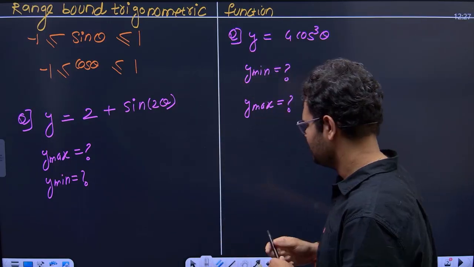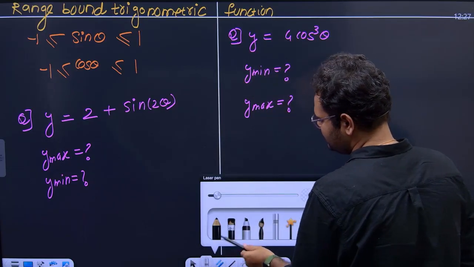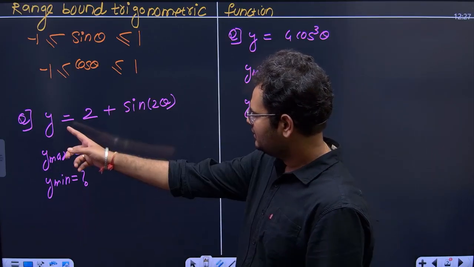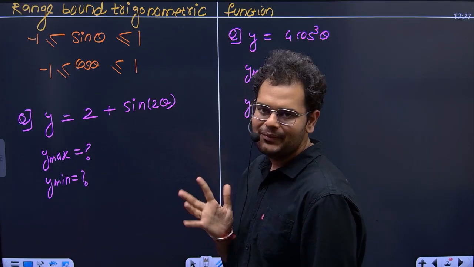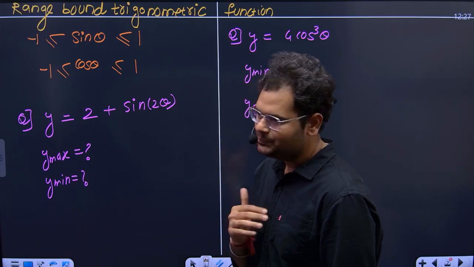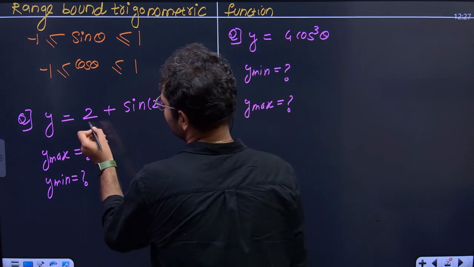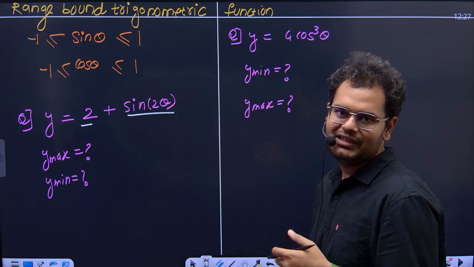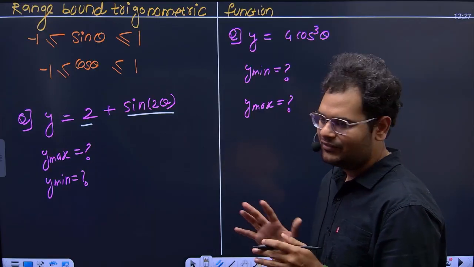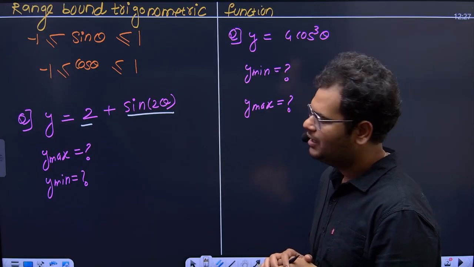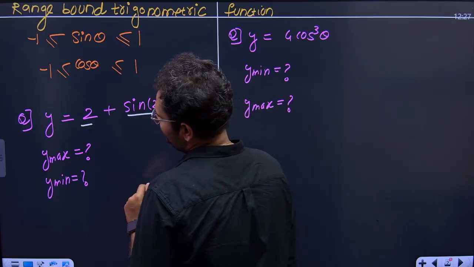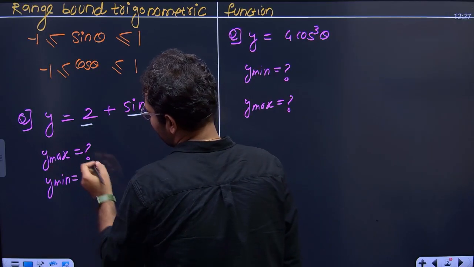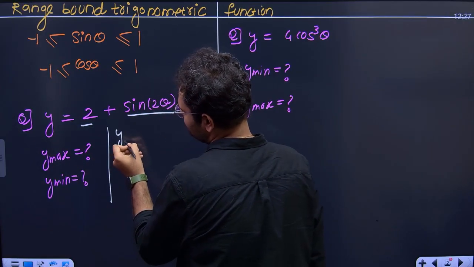Now let us discuss. Suppose someone asks me to find the maximum and minimum value of the function y equals 2 plus sin 2 theta. Here it is 2 theta; it can be 2 theta, 3 theta, 4 theta, any function. Simple, I am telling you: when will y be maximum?